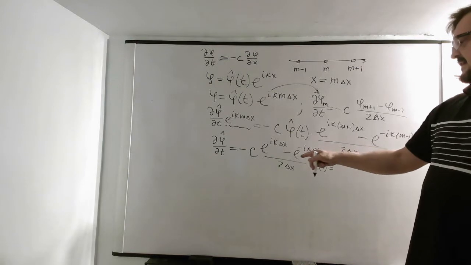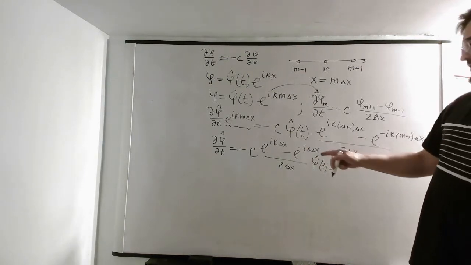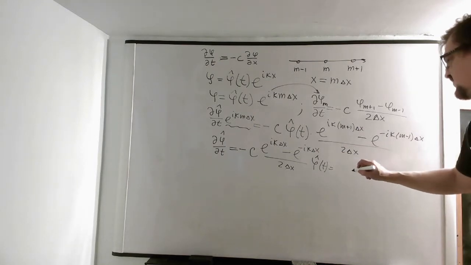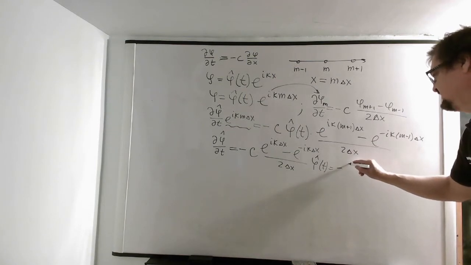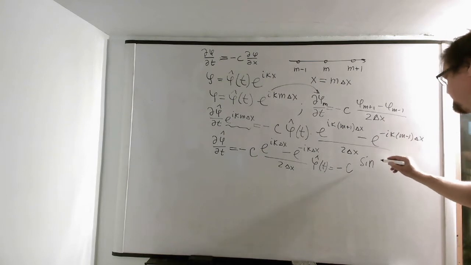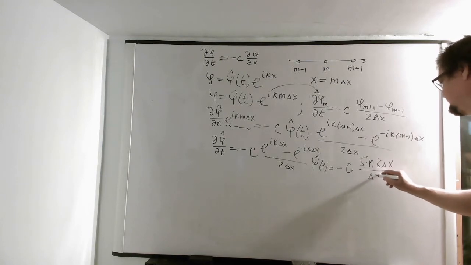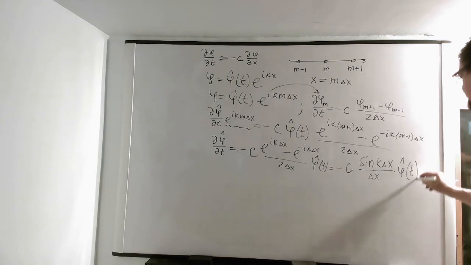So if we subtract, our cosines will cancel and sines will remain, and it's going to be 2 of them. So we'll have minus c sine k delta x divided by delta x times phi amplitude of t.